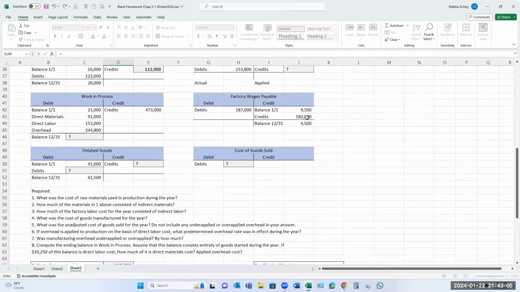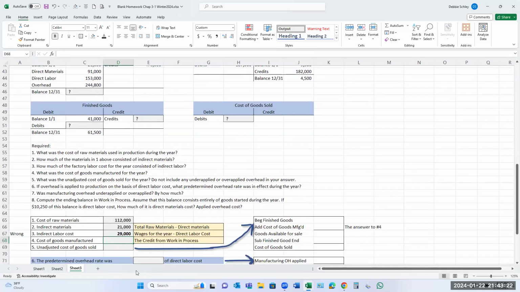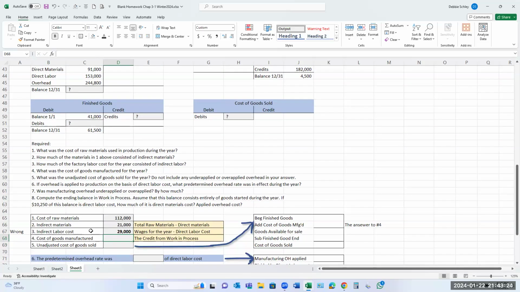Our total labor cost for the year is the credit. So that's our total labor cost. If we take total labor minus direct labor, then what's left over is our indirect labor, which is what was required 3.